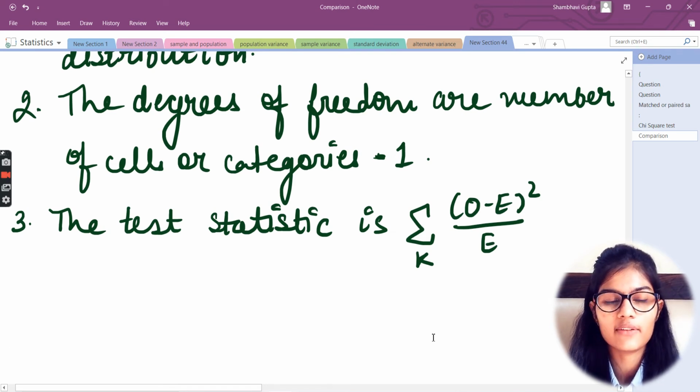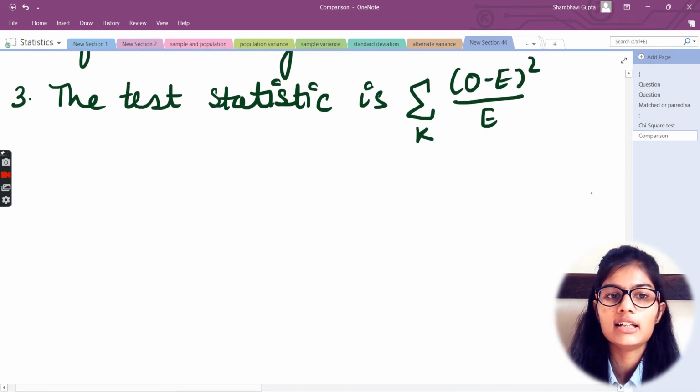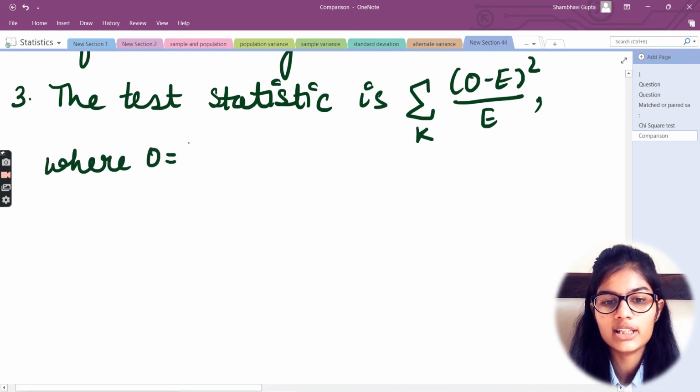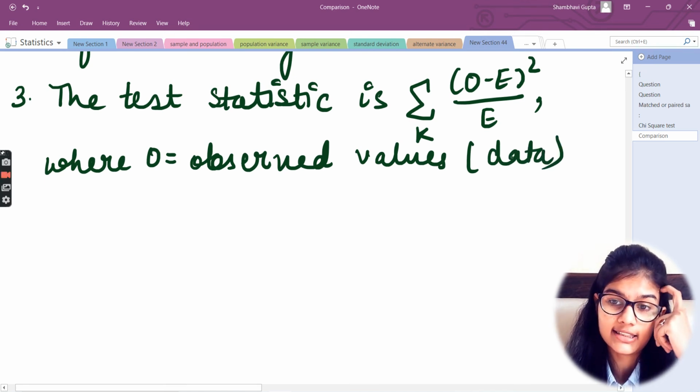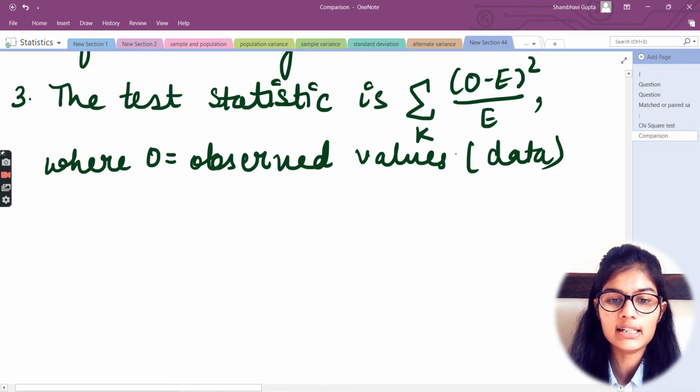This is what we had as the test statistic, where O is equal to the observed values, the data.